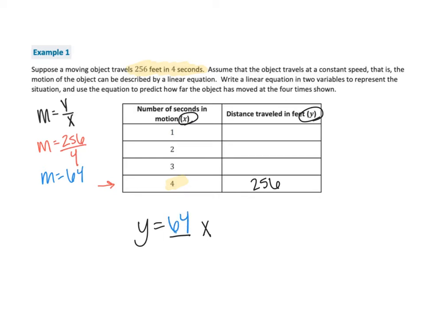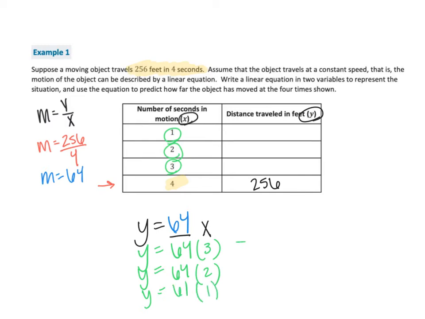So this is the equation that I've come up with, y equals 64x, and I'm just going to use it to fill in each of these remaining places on my table. So y equals, well, in this case, there's a 3, so it's going to be 64 times 3. Y equals, in this case, there's a 2, so 64 times 2. And then y equals, there's a 1, so 64 times 1 for my x.